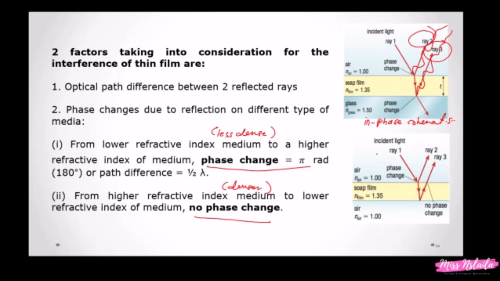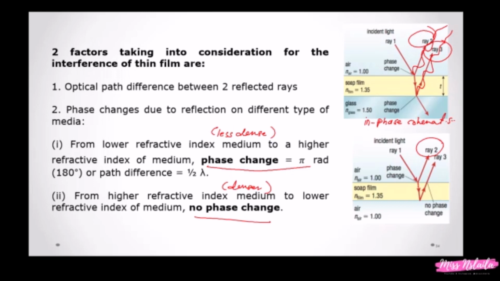Okay, second diagram. Here we have the media air, soap film and also air. The incident light, or ray 1, will be incident on this surface. Some of the light will be refracted into the soap film, and some of it will be reflected into air. There is a phase change right here because this reflected ray 2 is from a less dense medium to a higher dense medium.